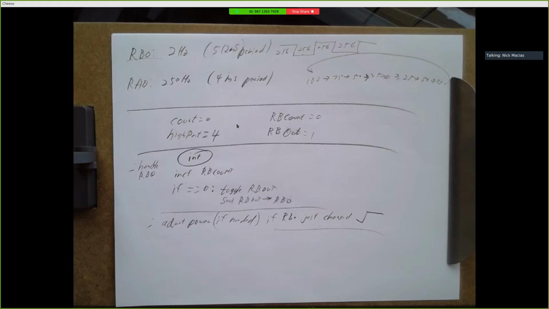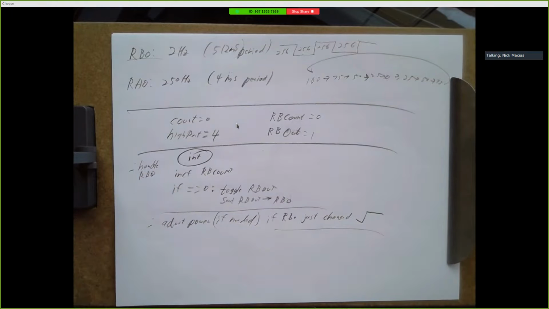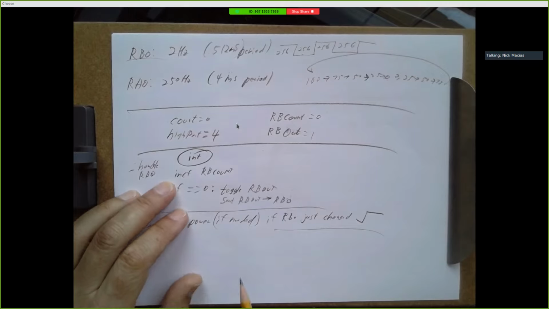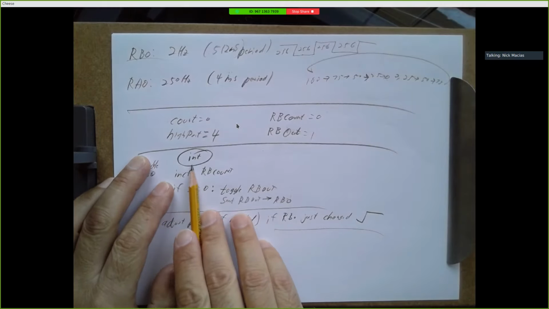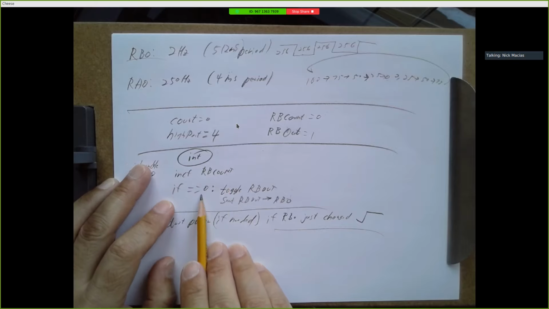Yeah, it's going to be 0. It might be 1. It's always a fence post thing. But yeah, it's actually going to be 0. Right? So I'm going to increment RB count. It's going to go to 100 and 200 and 250 and 255. And if it's 255 and I get another interrupt, I'll increment it to 256, which is 0. I'll notice that it's 0.